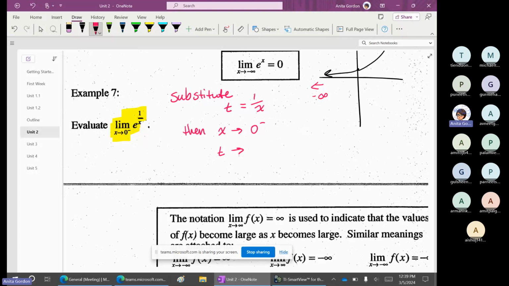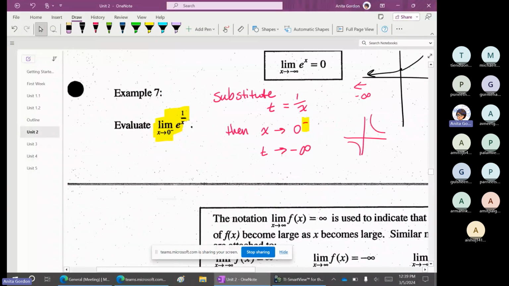But from the left, it's going to negative infinity. Okay, so as x approaches 0 from the left, if t is 1 over x, then we are going down forever. So t is approaching negative infinity, right? Our substitution is drawing us this picture.